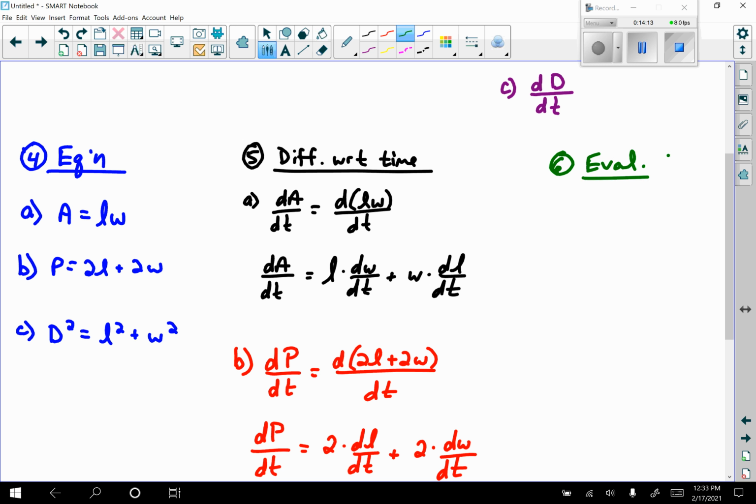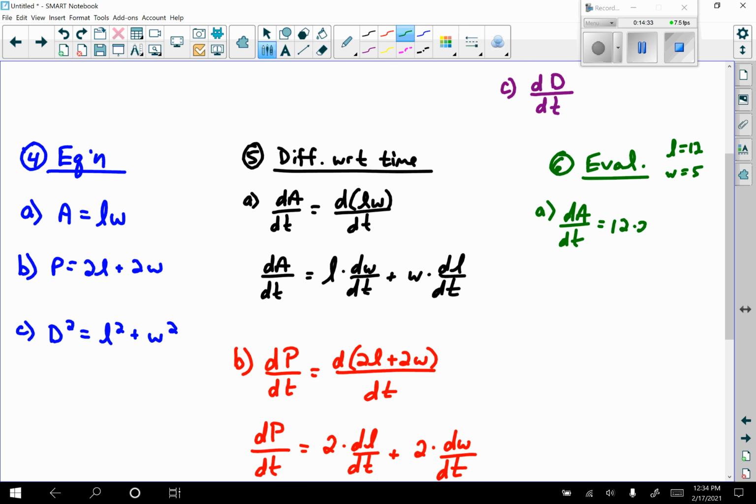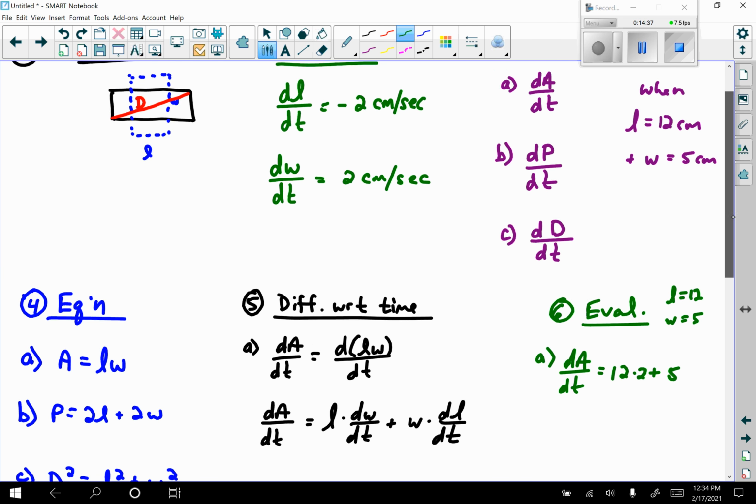So again, L is 12 centimeters and W is 5 centimeters. So for part A, we would say dA over dt is going to equal 12. Now dW over dt, that was 2, and W is 5, and dL over dt is negative 2.